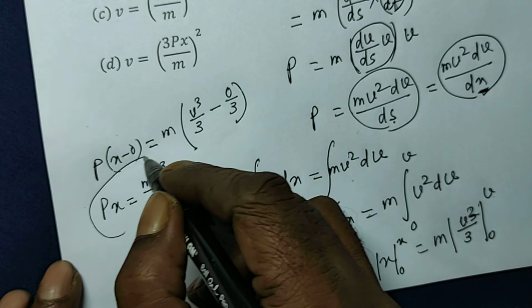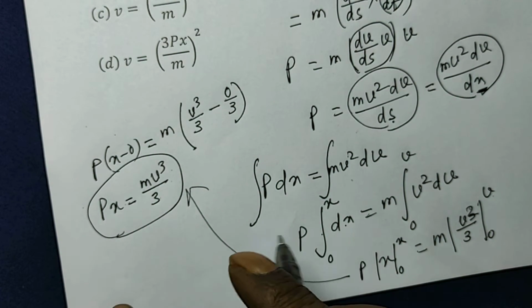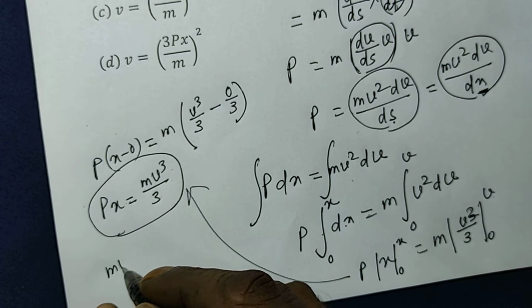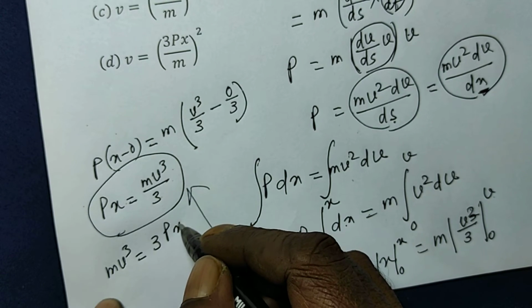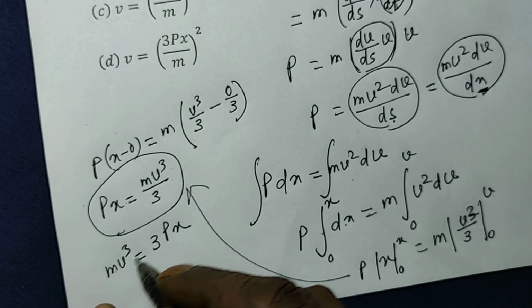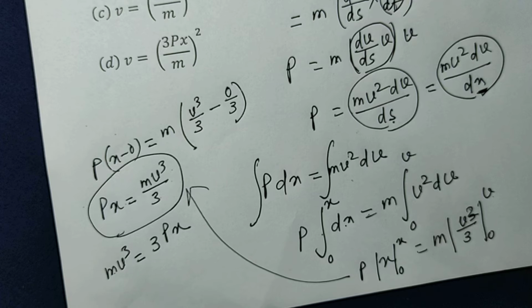Now we are supposed to find the velocity. By cross multiplying this, m v cube is equal to 3 P x, where P is power, x is the distance traveled. m goes to the other side, v cube, so we have to take the cube root.